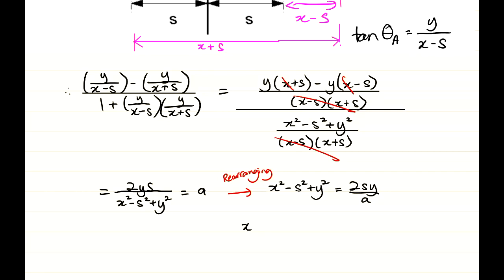So I'm going to get x squared plus y minus s over 2, squared, equals s squared times 1 plus 1 over A squared.